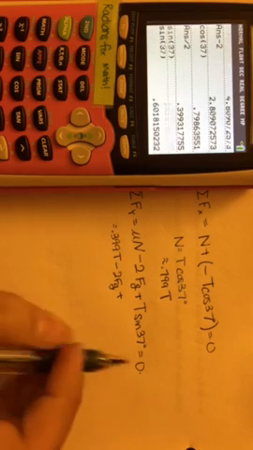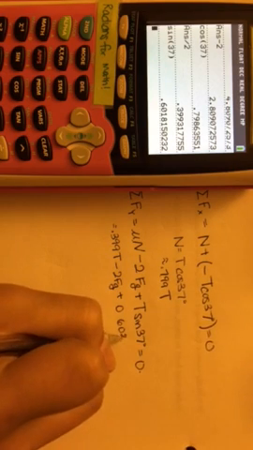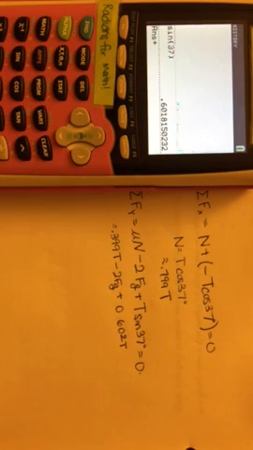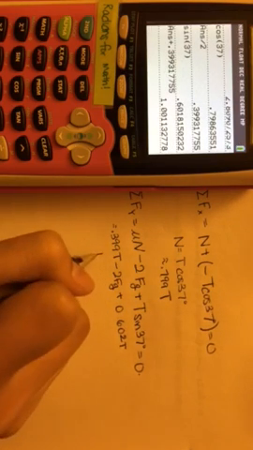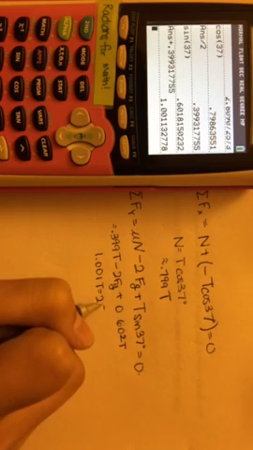Sine 37 would equal 0.602 T. If you combine that with that, you get 1.001 T is equal to 2Fg.